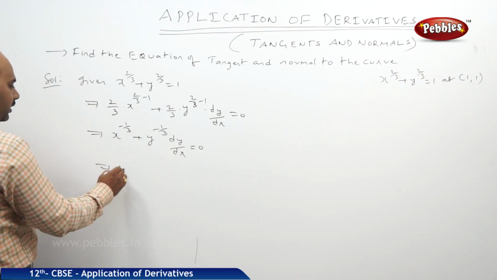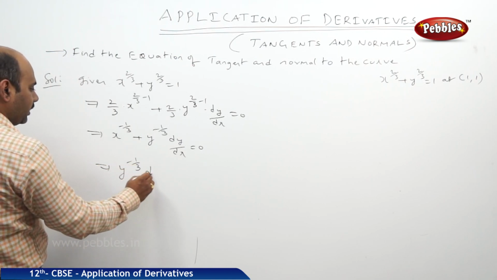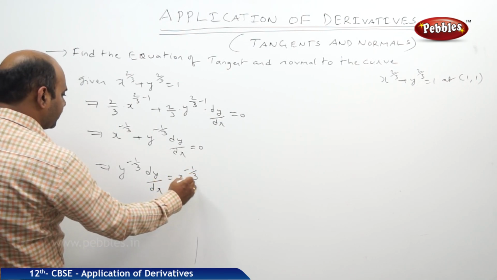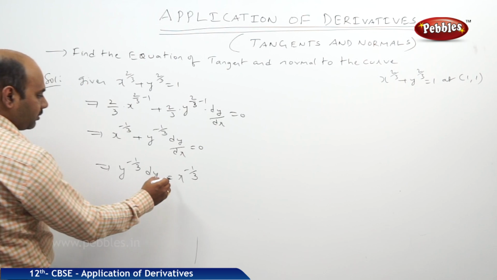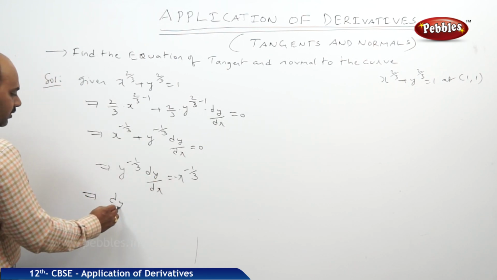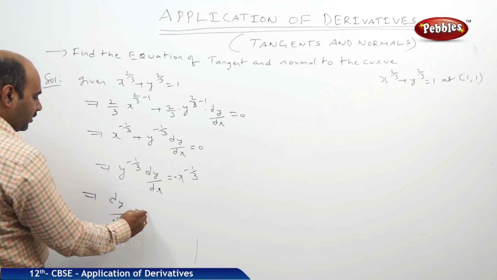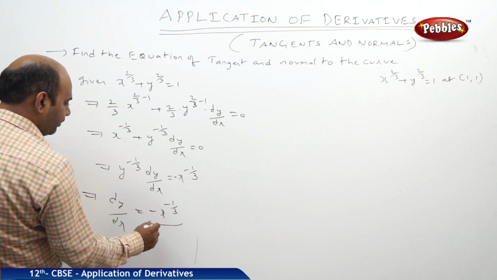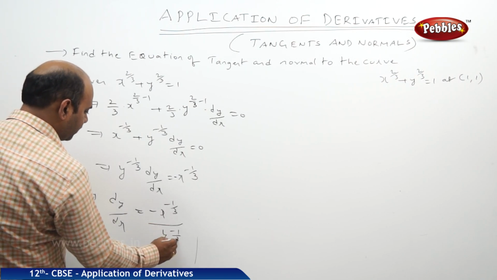So what happens finally? y power minus 1 by 3 dy by dx is equal to minus x power minus 1 by 3. So dy by dx is equal to minus x power minus 1 by 3 divided by y power minus 1 by 3.